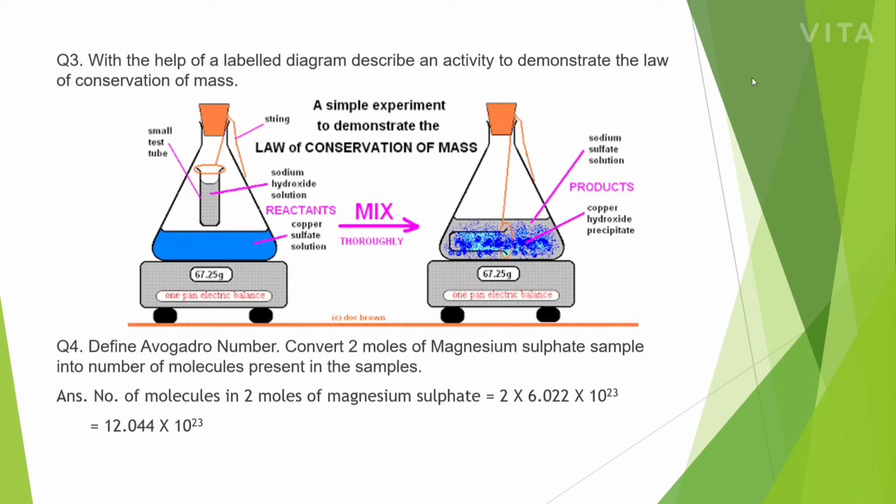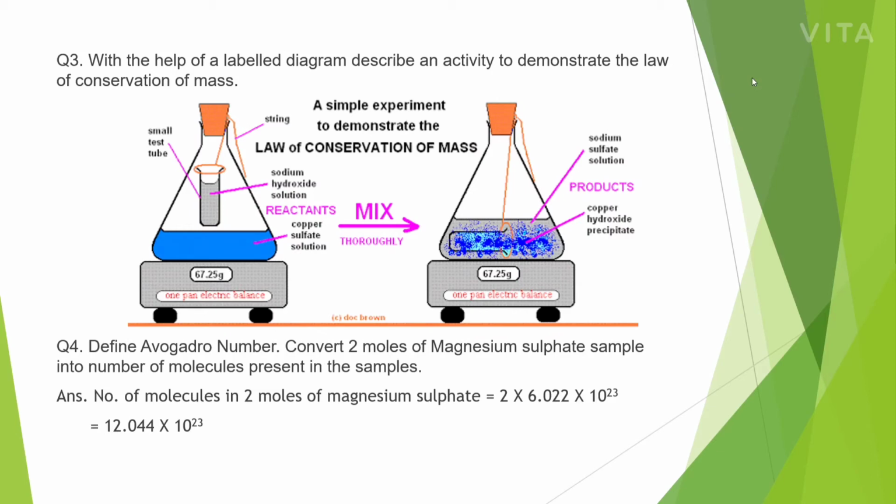Now the next question is, define Avogadro number and convert 2 moles of magnesium sulfate sample into the number of molecules present in the sample. Now we know that Avogadro number means the number of particles, which can be atoms, molecules or ions, present in 1 mole of any substance is fixed.